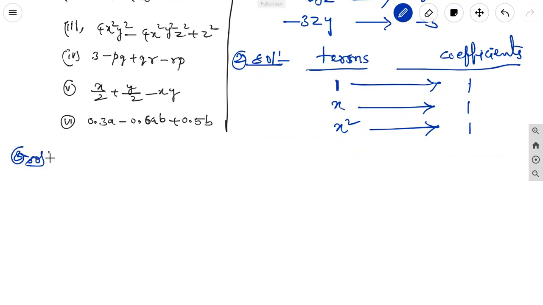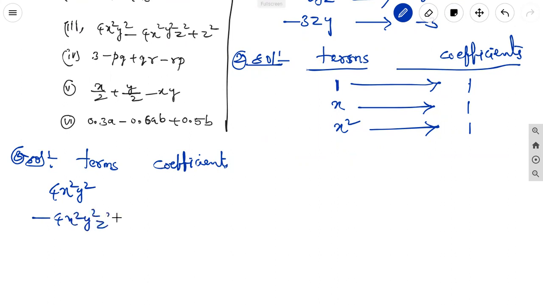Third solution, terms and their coefficients. Terms are 4x square y square, one term; minus 4x square y square z square, the second term; z square, the third term. The coefficient of x square y square is 4.